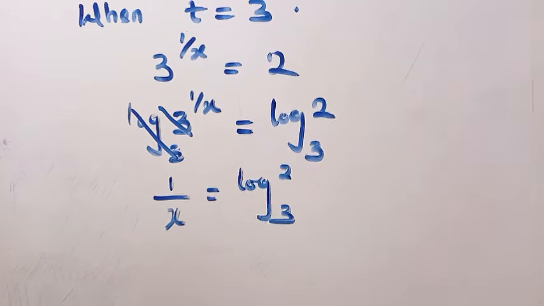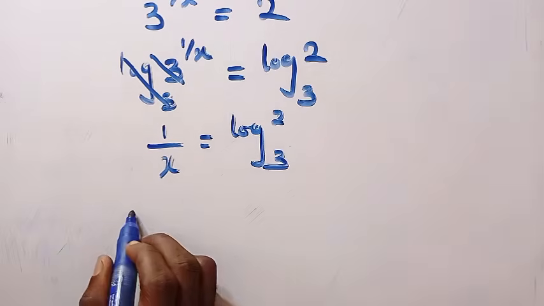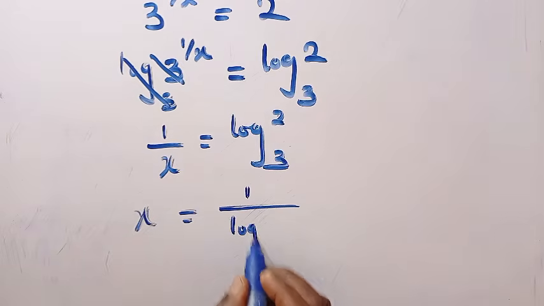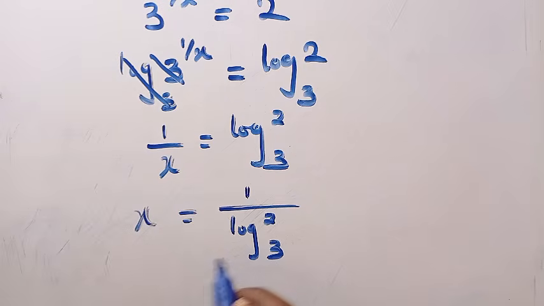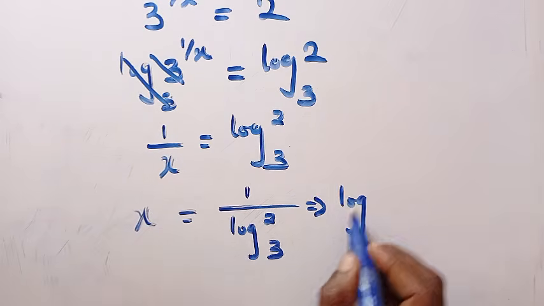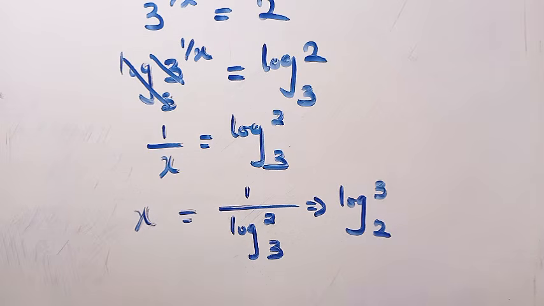By flipping this, we simply have x equals 1 divided by log of 2 base 3, the resulting value of which can also give us log of 3 base 2. That is the reciprocal logarithm. This is the value of x, and this is the real solution.